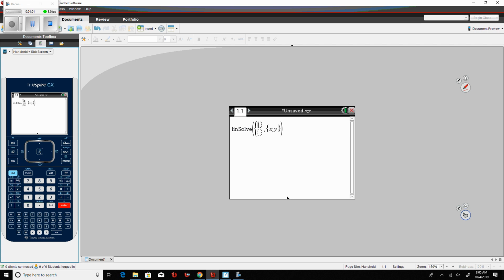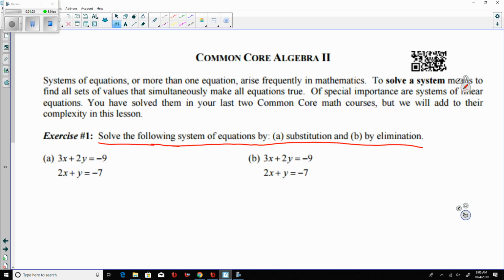So my first equation is 3x plus 2y equals -9. And then the second equation is 2x plus y equals -7. Hit enter, and you get -5,3, and that is your solution. So the solution is -5,3.